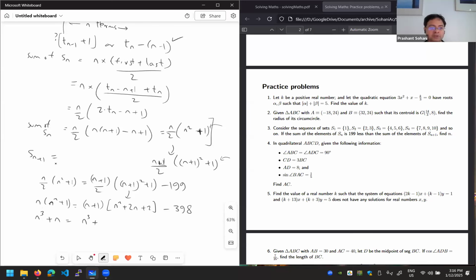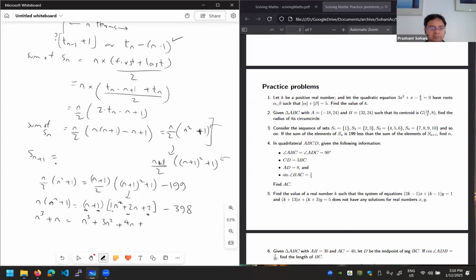I'm going to get n cube plus, so again we can do this quickly in place, like just scan the brackets and see how we are going to create n square. So n square can be formed by combining this with 1 or with n and 2n. So therefore total it will have 3n square. And similarly n raised to 1 can be formed by either multiplying n with 2, so that will be 2n, or 2n and 1, so 4n.